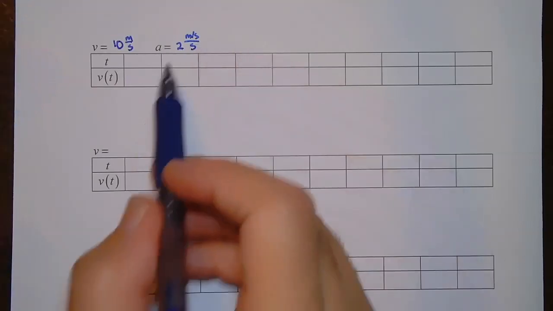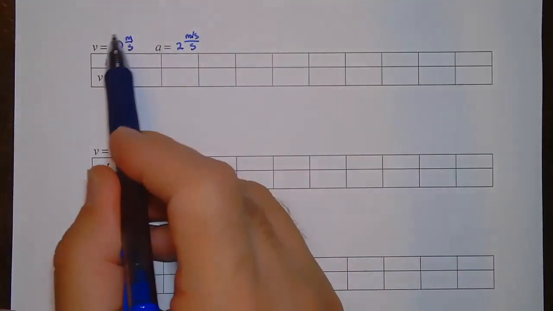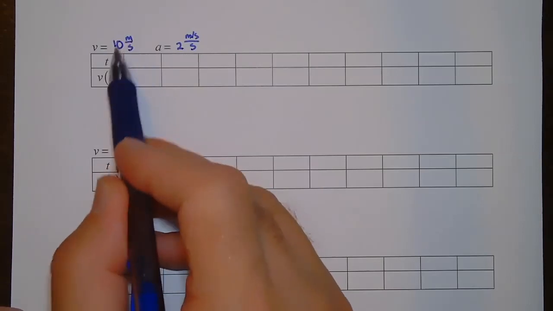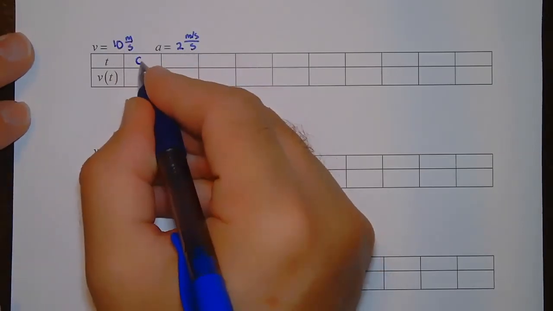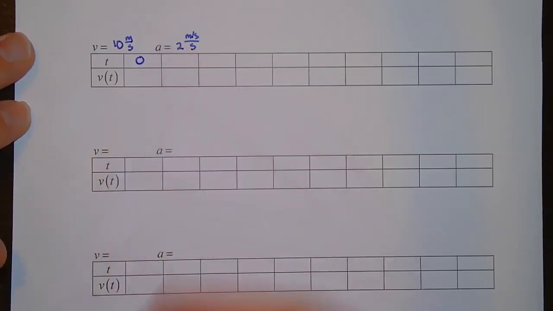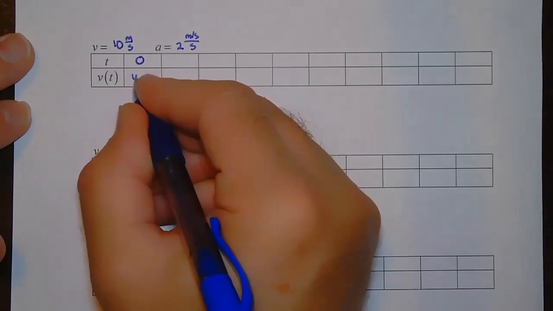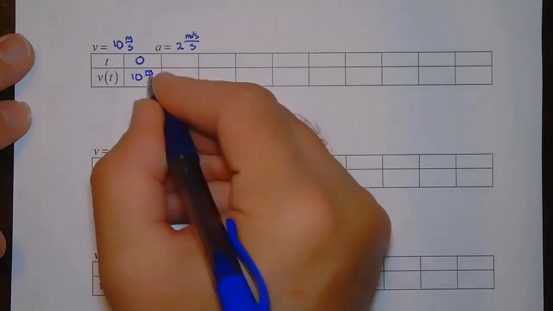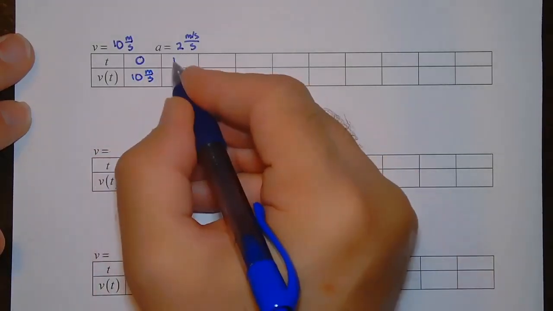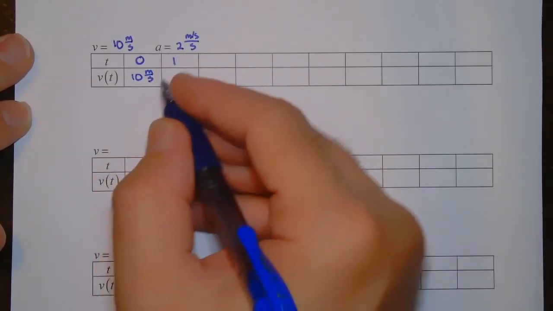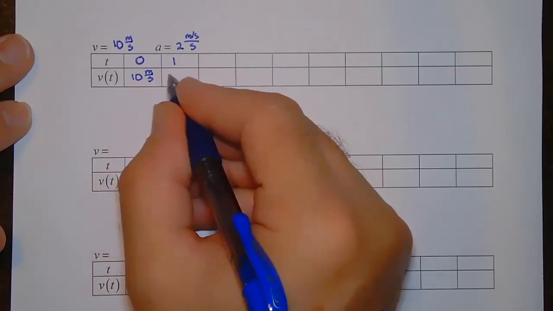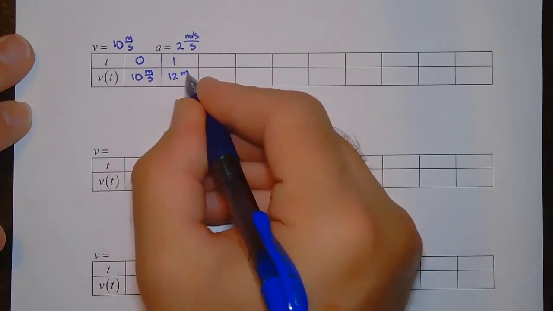Every second that goes by, we add 2 meters per second. At time 0, we haven't had a chance to add anything yet, so it starts at 10 meters per second. One second later, we've added 2 more, making it 12 meters per second.